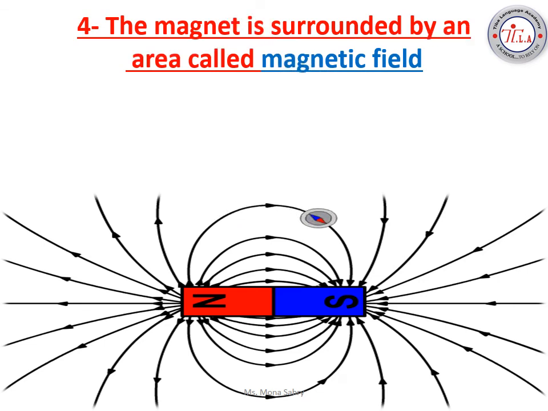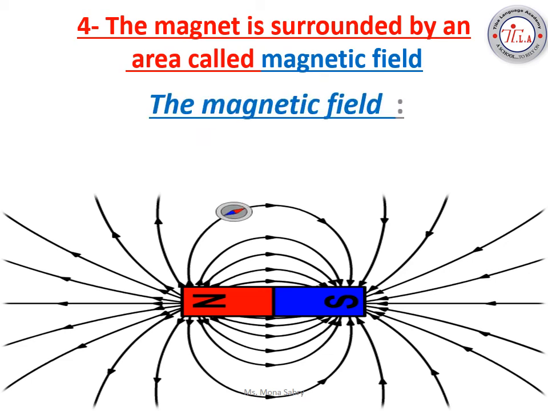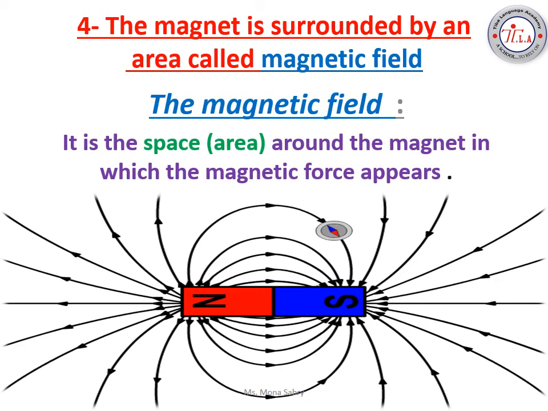The magnet is surrounded by an area called the magnetic field. The magnetic field is the space around the magnet in which the magnetic force appears. So the magnet can attract objects that are in this space called the magnetic field.